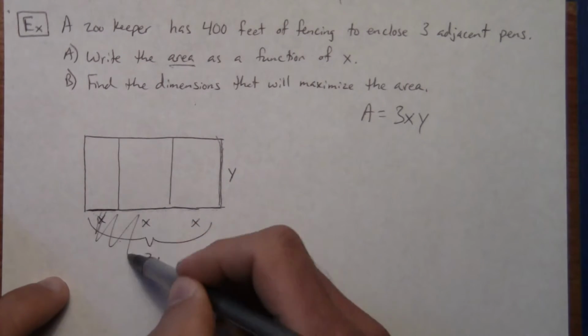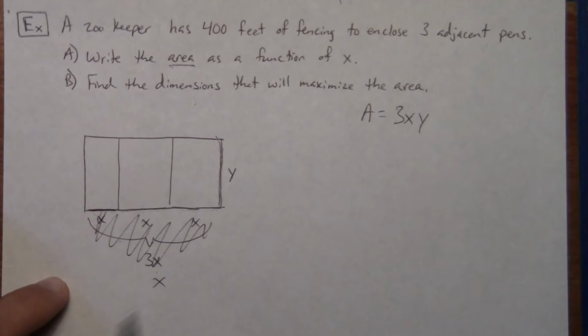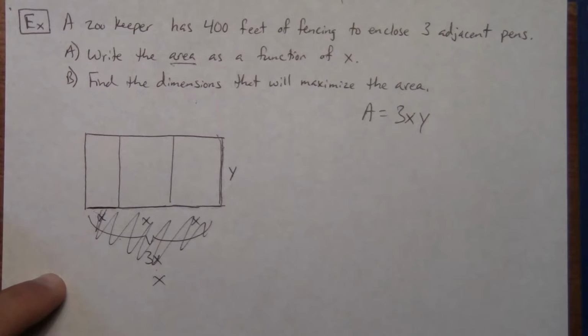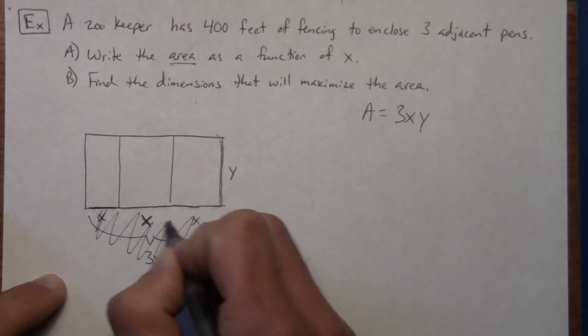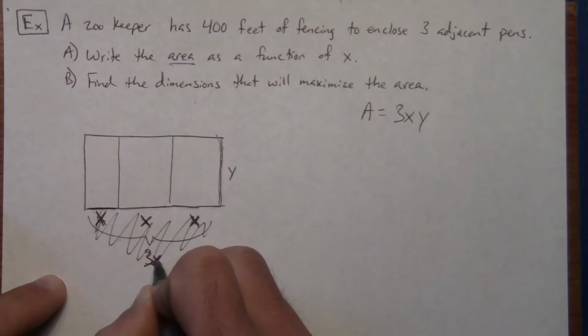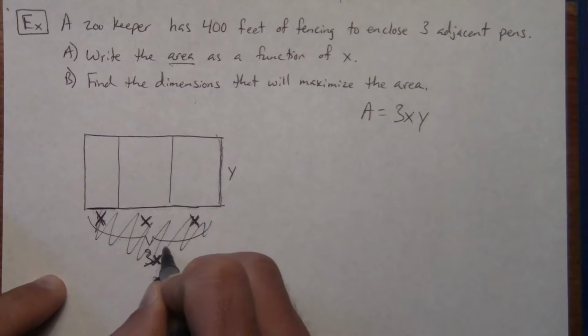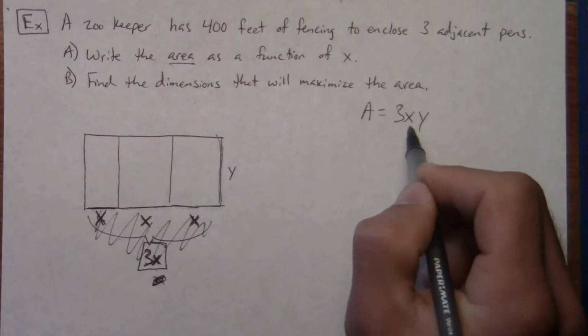You could ignore this, and you could actually just say that this entire base is x. And that would be x times y, and that would be fine. It won't change the problem at all. I'm not going to do that. I'm going to leave these as x, but it actually will not change your problem. The numbers are going to look different, but eventually it'll all work out the same, so I should maybe scribble that out. Alright, that's not what they want.